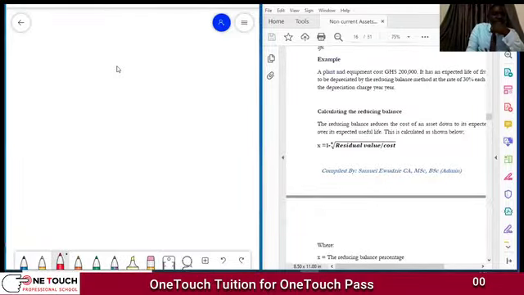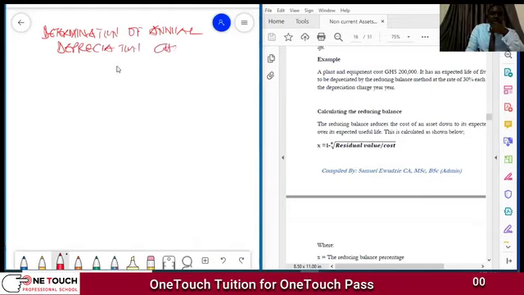So determination of annual depreciation, we have here. We have the carrying value, that's the beginning.